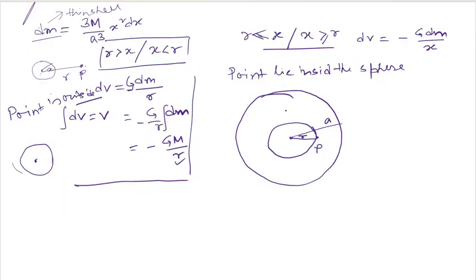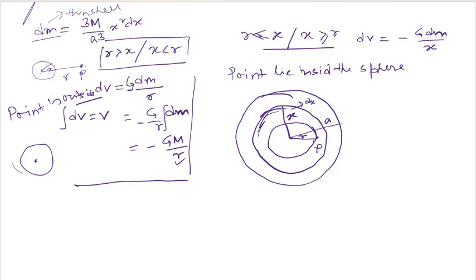So here also, at some arbitrary distance x, we draw a hollow sphere with some thickness dx, and the radius is x.